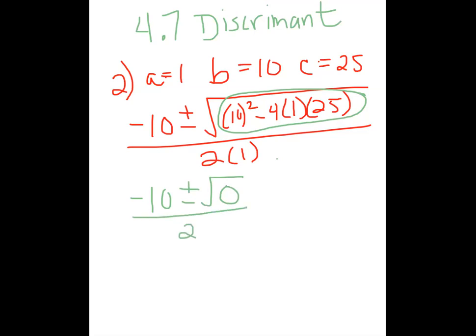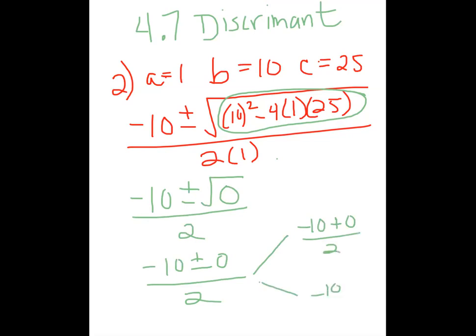10 squared minus 4 times 1 times 25 is 0. So on this particular one, the square root of 0, well, is 0. So negative 10 plus or minus 0 divided by 2. Negative 10 plus 0, and then also negative 10 minus 0. Okay, but check it out.